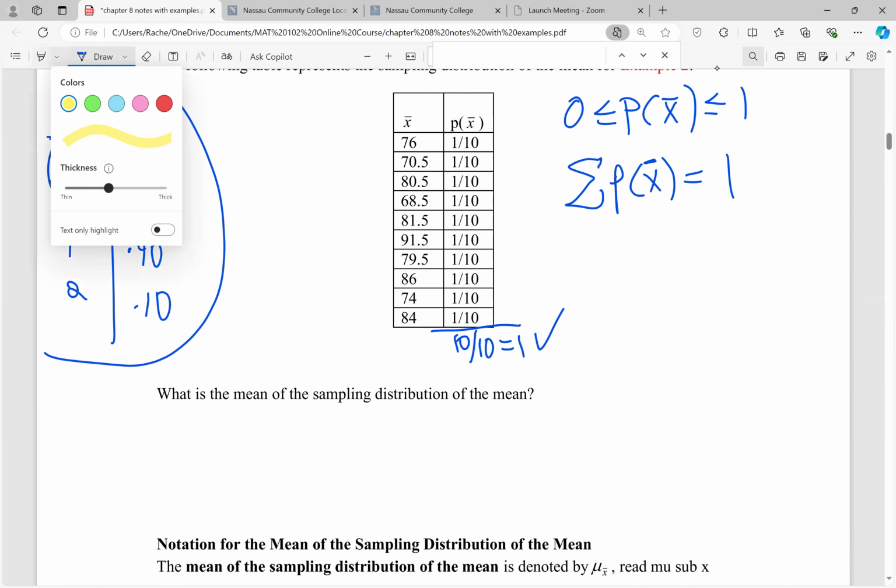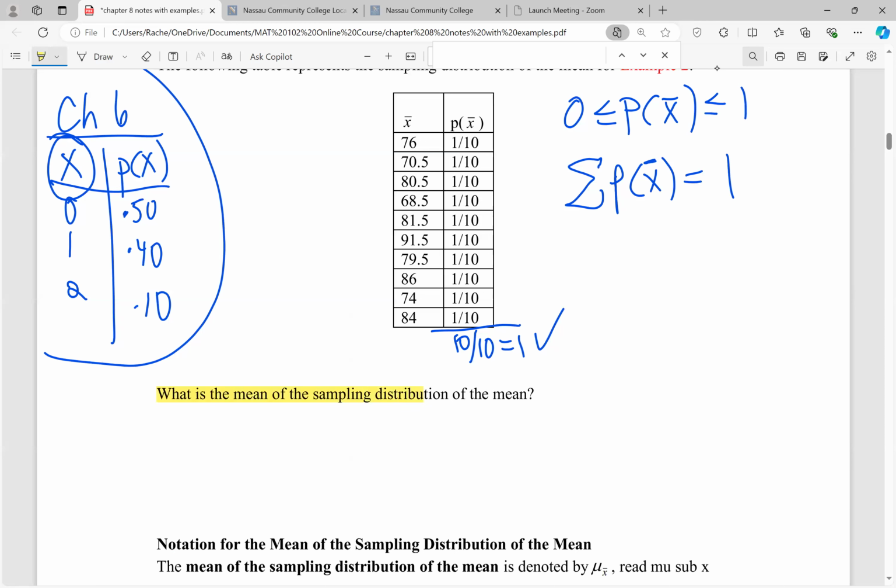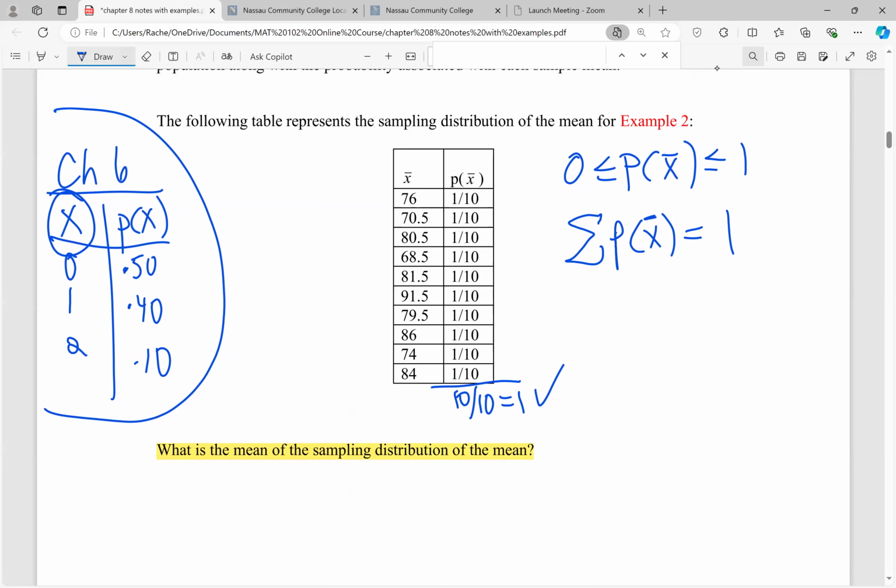So what is the mean of this sampling distribution of the mean? So you see how each one of these values of x bar is equally likely, right? They all have a 1 in 10 chance of occurring. So all we have to do is add up all these data values, add up all the x bars and divide by 10 because there's 10 of them, right?